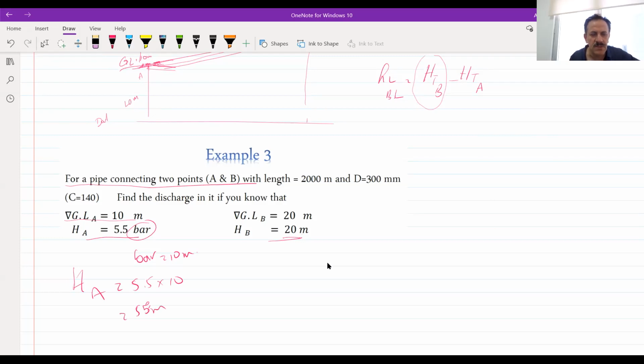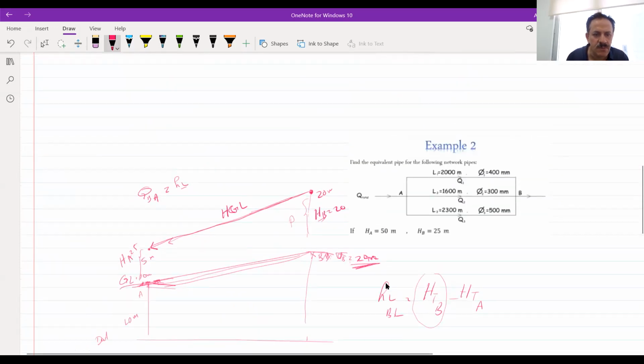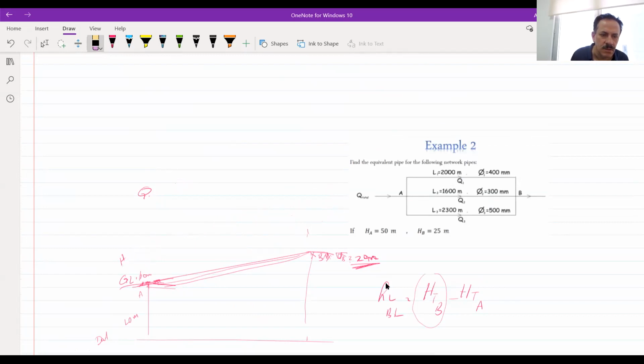Okay, and then it means that the water is going from A to B, it's upside down. So even the level at A is lower than B, because the ground level here is 10.